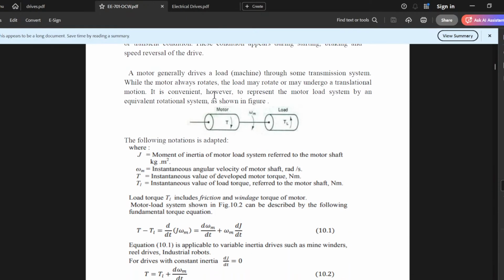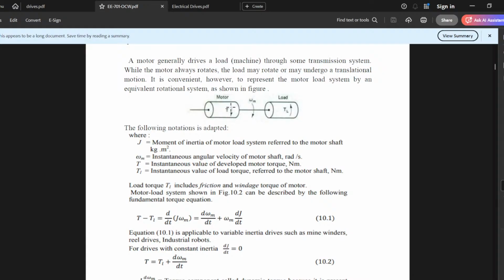A motor generally drives a load through some transmission system. While the motor always rotates, the load may rotate or may undergo a translational motion. It is convenient, however, to represent the motor load system by an equivalent rotational system, which is given here.